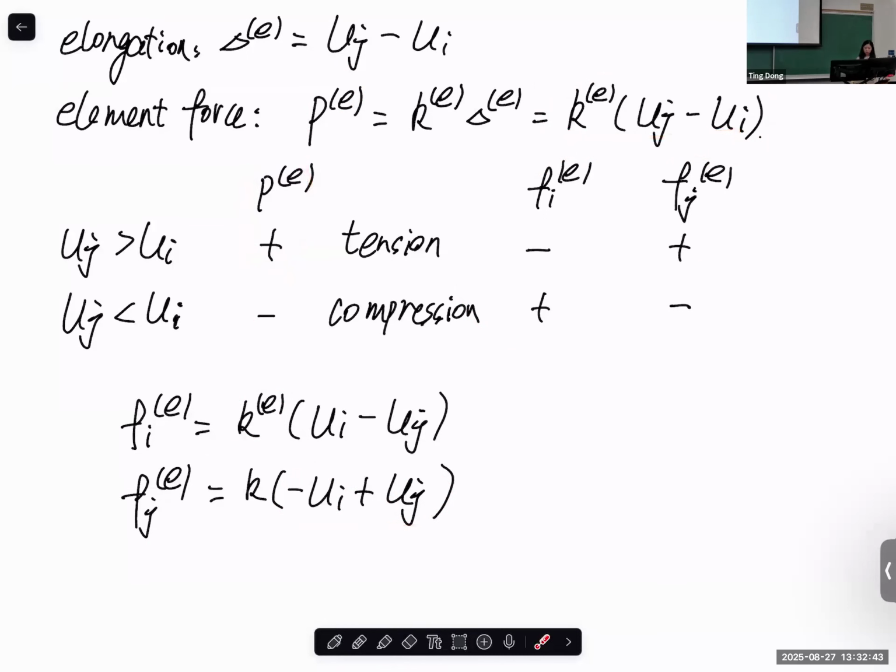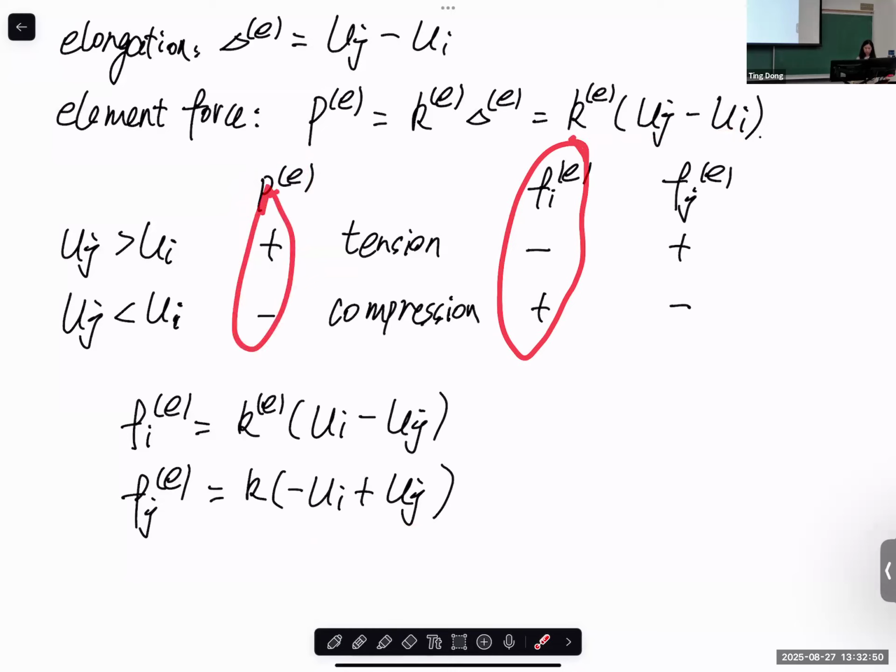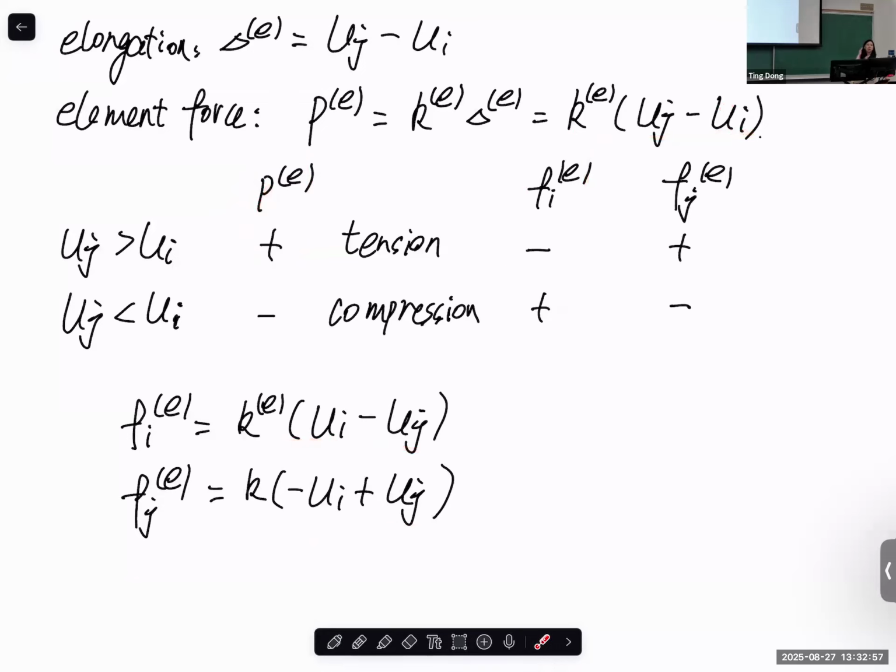And the force applied at I is always the negative of PE. So now it becomes Ui minus Uj. And of course, the magnitude should always be the same. No matter whether it's statics, mechanics of materials, aerospace structures, FEA, Mech 1, anything, our structure stays in equilibrium, which means the magnitude of Fi and Fj is always the same to maintain our spring element in equilibrium. The acceleration should be 0.